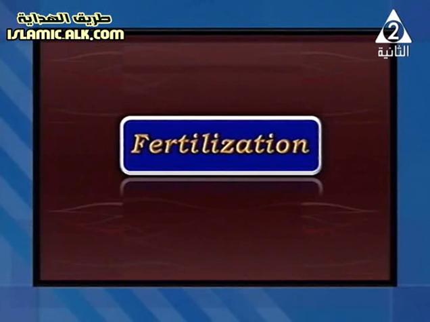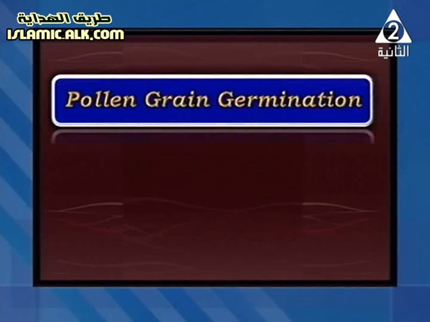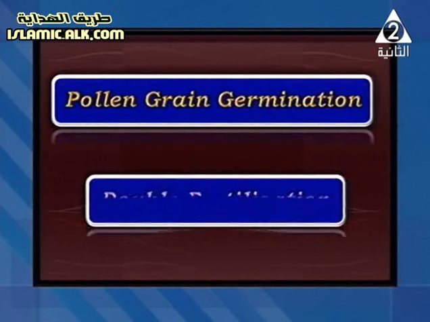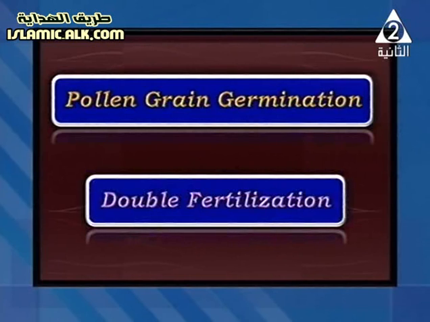Well, after that, we have the other process, which is fertilization. So we studied that pollination is just the transfer of pollen grains, or male reproductive gametes, to the female. On the other side, we have fertilization, and we need to learn more about it. Well, pollen grain germination and double fertilization. Again, we have two processes together.